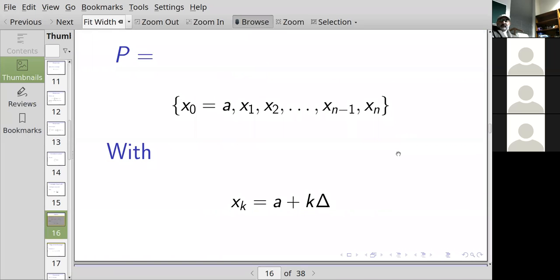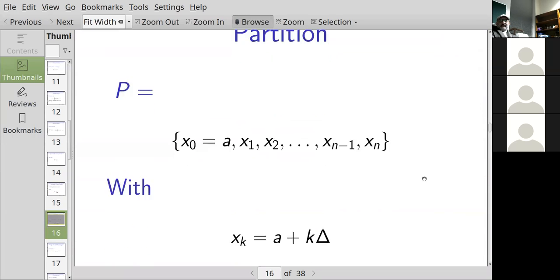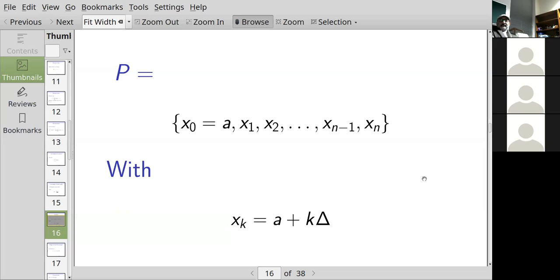The way to make the distance between successive points the same is to say that x_k equals a plus k times delta. So x0 is a, x1 is a plus delta, x2 is a plus 2 delta, x3 is a plus 3 delta, all the way up to x_n equals a plus n times delta, where delta is the width (b minus a) over n. Okay. Any questions?